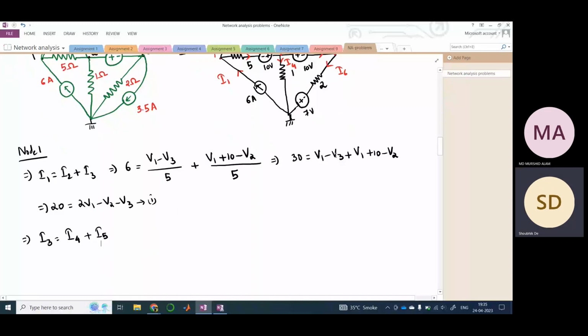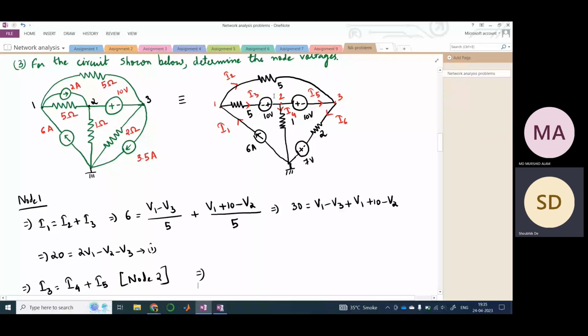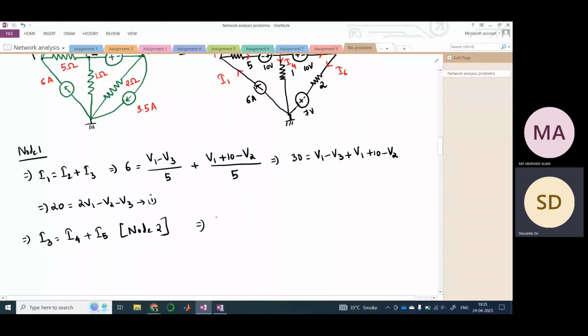So this would be node 2's equation. And what would be node 3's equation? It would be I2 plus I5 equal to I6, right? So what is common? You see I5, right?